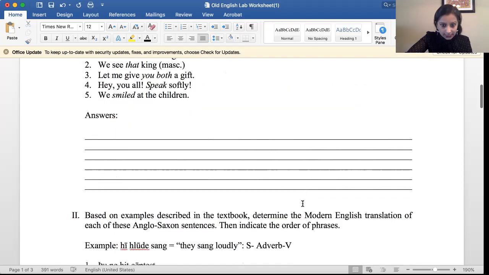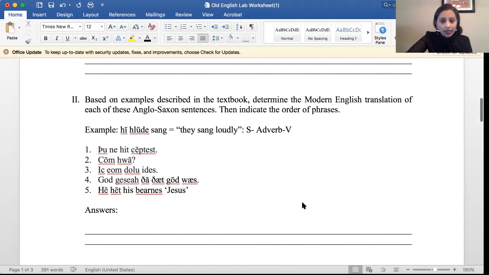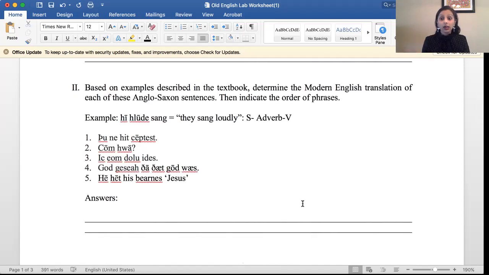That's the first question. The second one is, well, I've given you Anglo-Saxon and I want you to translate these into modern English sentences. And I've given you an example. He flew, they sang, is they sang loudly. It's a subject, it's an adverb, and it's a verb, right?